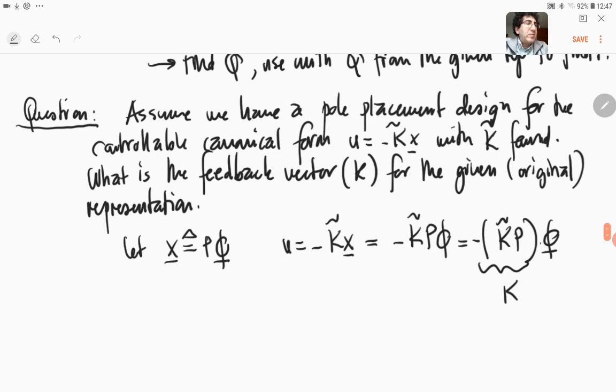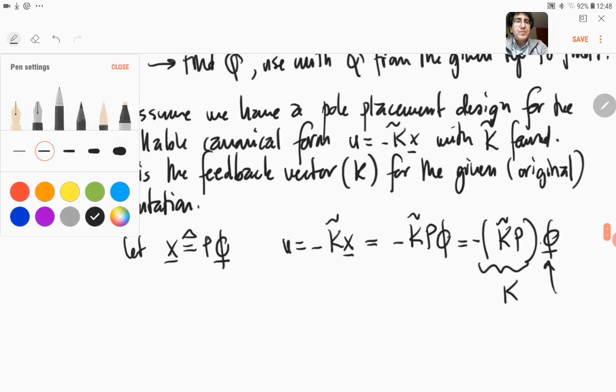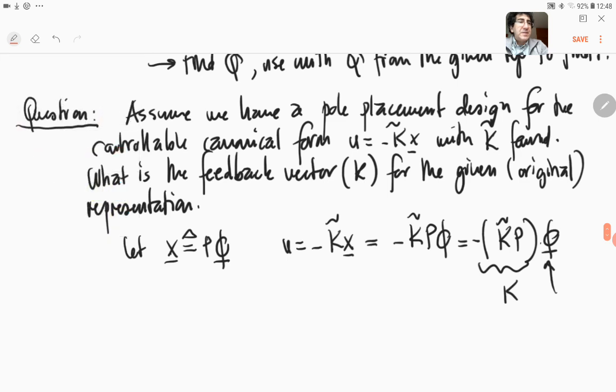Okay, remember that our system was given in a state space representation with states being defined as phi. So when we put this in terms of phi, the new gain vector becomes as defined here.